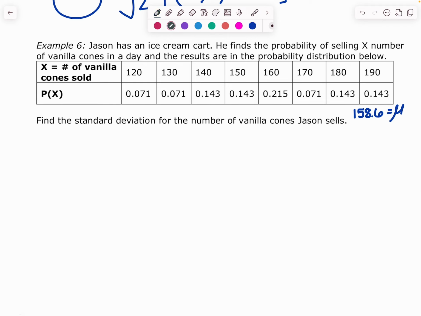So let's see. I think I can set this up in a table. So I'll take my x values, and then the mean, and then x minus the mean, x minus the mean squared, and then x minus the mean squared times the probability.